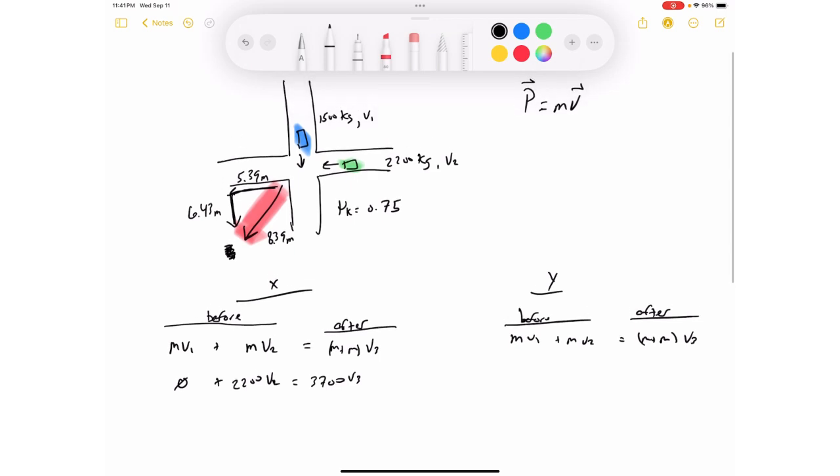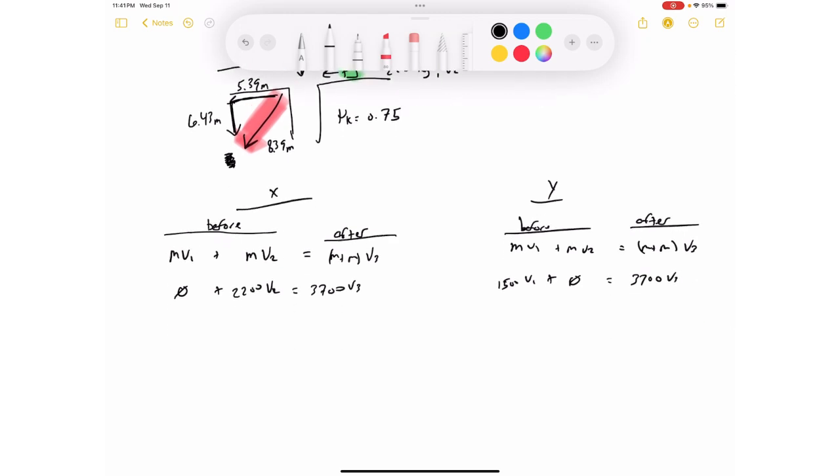And then over here, I can do the same thing. In Y, we have 1,500 V1 plus, and then the green car is not moving in Y at all, so that's 0. And then once again, this is 3,700 V3.